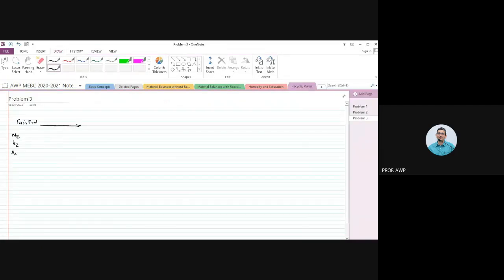So imagine that we have this fresh feed which contains, let's say, 24.57 mole percent nitrogen, 75.16% hydrogen, and 0.27% argon. Okay.